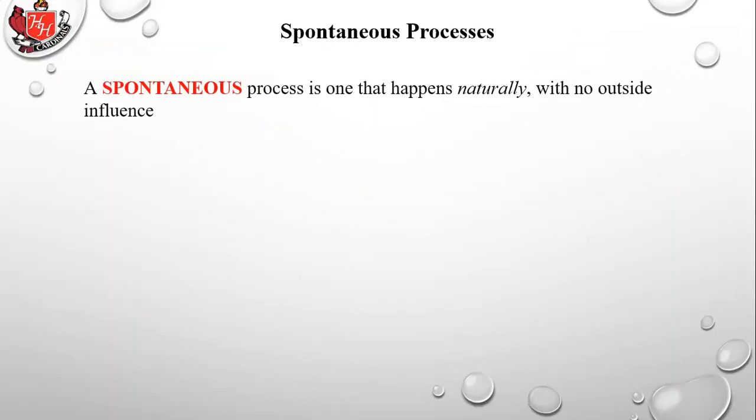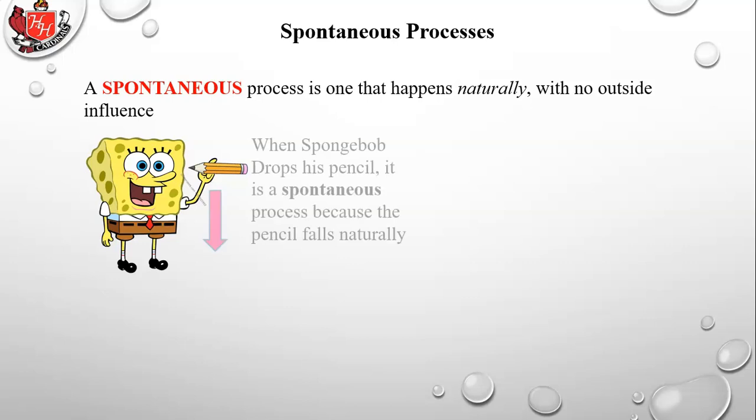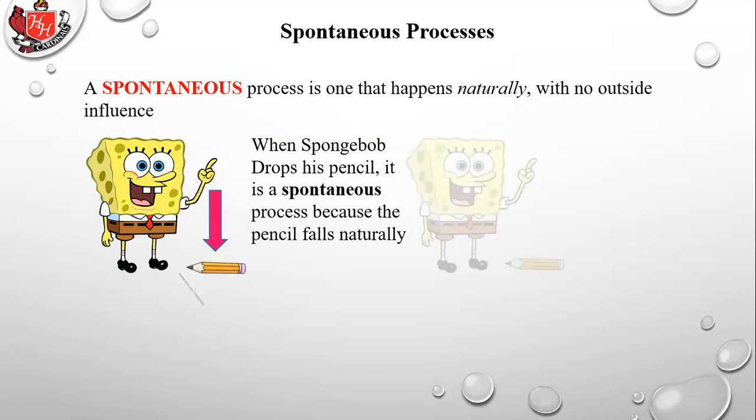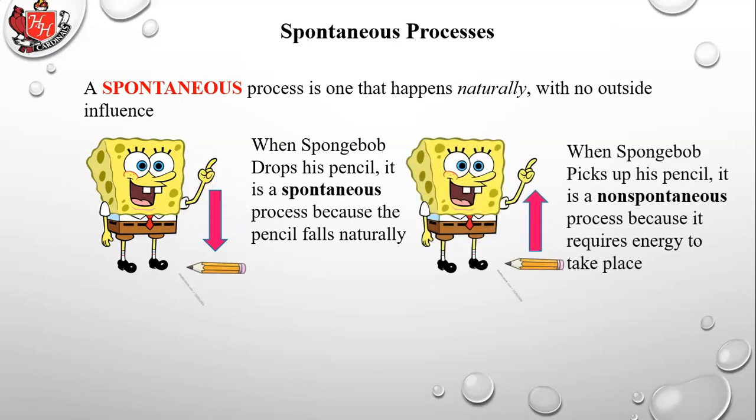A spontaneous process is one that happens naturally with no outside influence. So when SpongeBob drops his pencil, it is a spontaneous process because the pencil falls naturally to the ground. When SpongeBob picks up his pencil, it is a non-spontaneous process because it requires energy to pick the pencil back up from the ground.